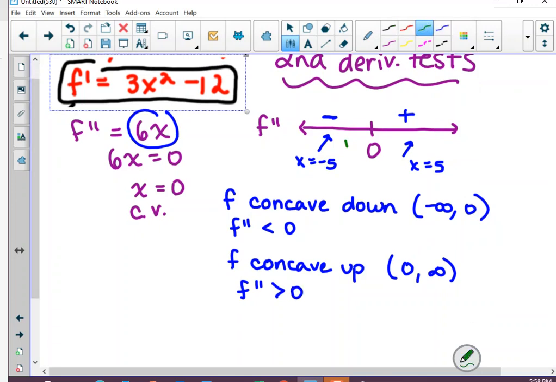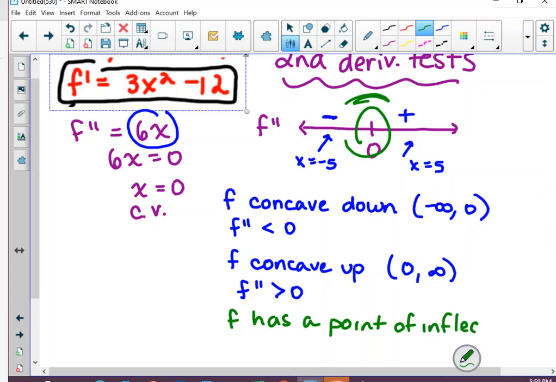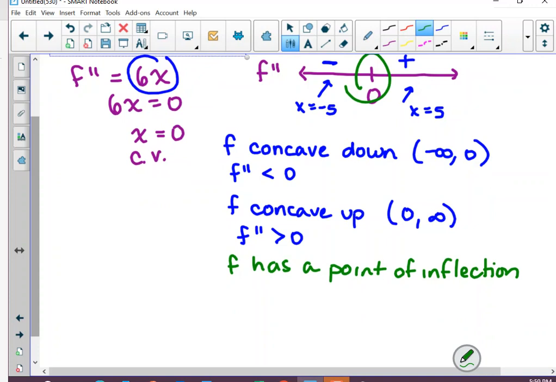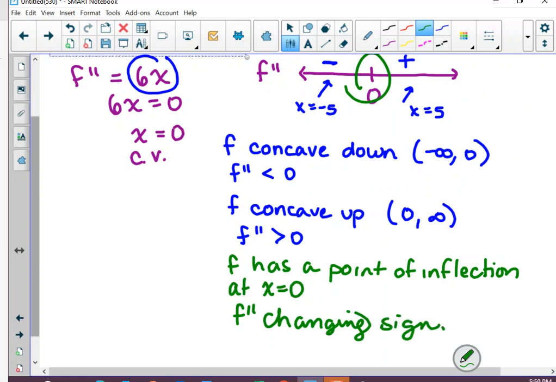And the change in concavity creates what is called a point of inflection. And even though we say a point of inflection, we still typically only give the x value. So I have a point of inflection at x equals 0, f double prime changing sign.